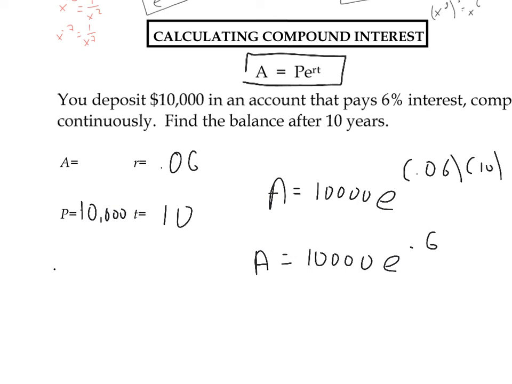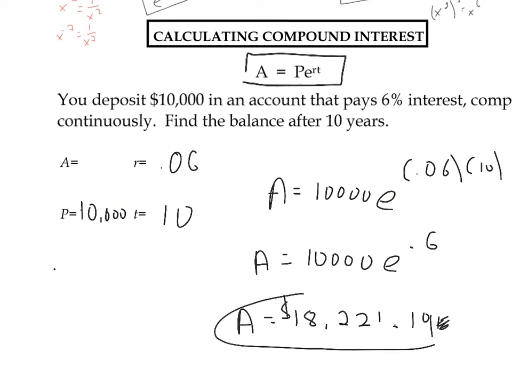Okay, and the final answer to 2 decimal places would be A is equal to 18,221.88, which would be 19 cents. Actually, 19 cents is not needed. Okay, so this is in dollars. So this is your final answer.